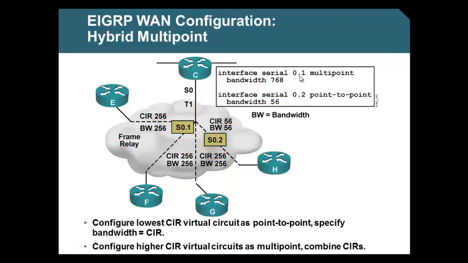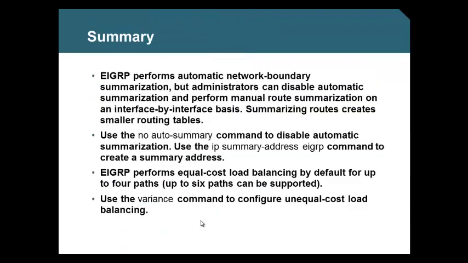You can have one sub-interface for all the spokes that have the same bandwidth, so they will all be in the same subnet. There will be another subnet given on serial 0/2, which is defined point-to-point because the bandwidth is different. That's about WAN consideration, only if you are using EIGRP on the WAN.